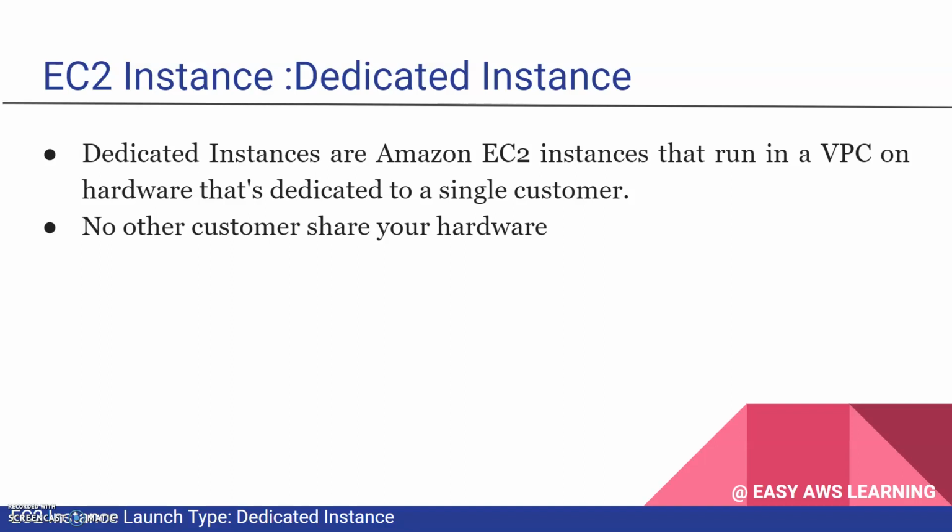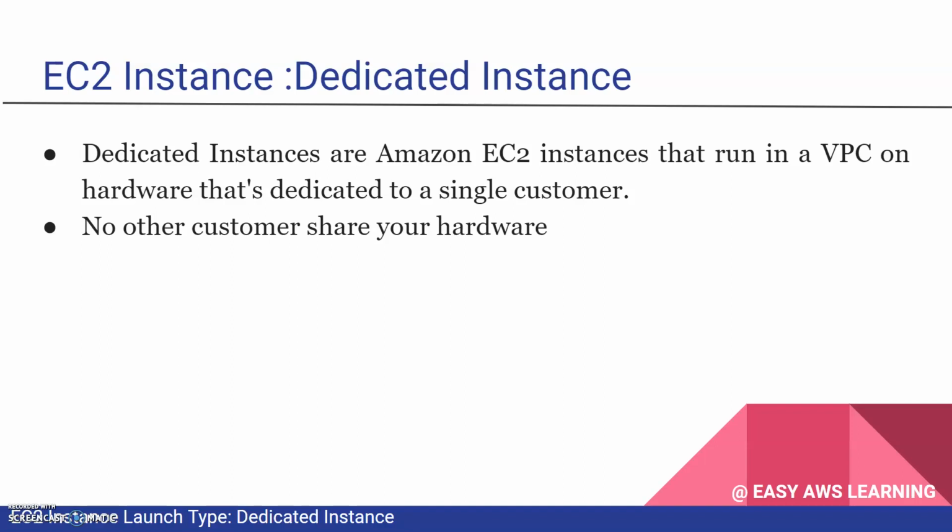The hardware is only yours, and no one else can use it. That's important: dedicated instances running on hardware dedicated to you may share hardware with other instances, but only in the same account. It can be shared, but not with any other account, only with you, and you can only use your own dedicated instances.